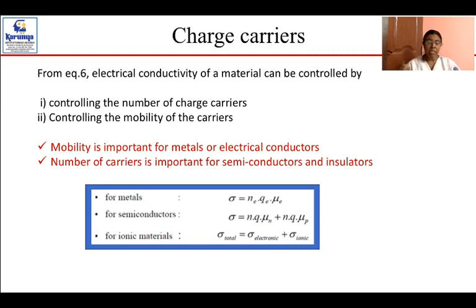For semiconductors, the conductivity sigma equals n q mu suffix n plus n q mu suffix p. Here we consider both the charge carriers, that is electrons and holes, because semiconductors can be of both p type as well as n type. Whereas for ionic materials, it is entirely different, where the total conductivity will be equal to the electronic conductivity plus the ionic conductivity.